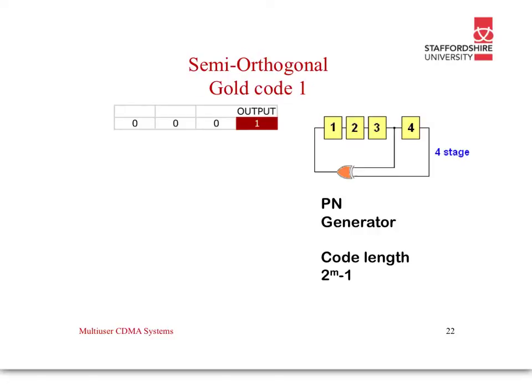So imagine the contents of each shift register are as shown here. So we have 0, 0, 0, 1. The initial conditions, if everything is 0, then this won't work. So we need to have a NAND gate connected to all of these. In reality, a NAND gate to ensure that the 0, 0, 0 condition never occurs.